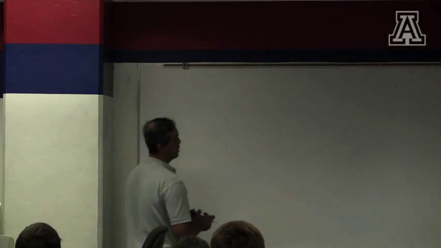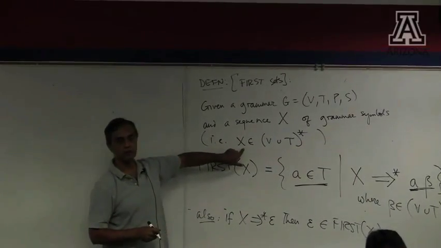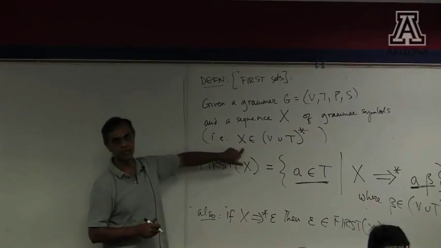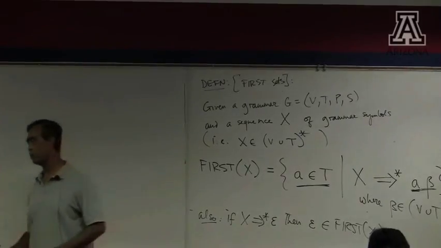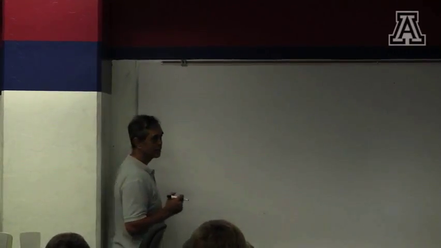First sets are relatively easy. So I've defined this with respect to any sequence of grammar symbols, right? Any sequence of terminals, non-terminals, no matter how large. I'm going to break it. I'm going to give you an inductive definition. Translating that into code is not that hard, I assert.